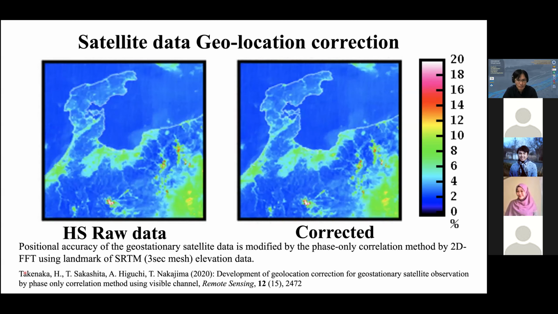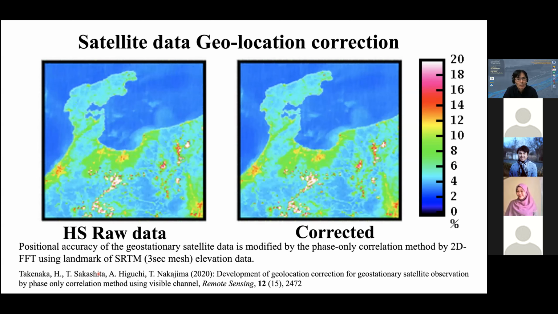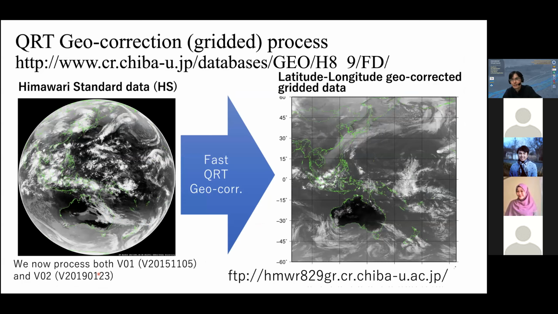Then we release the data. The Himawari-8 dataset provided by JMA is sphere-like and hard to handle for data analysis. So we combined it with the precise geocorrection, and this is a gridded dataset, a longitude-latitude geocorrected gridded data like this, and we release the data.